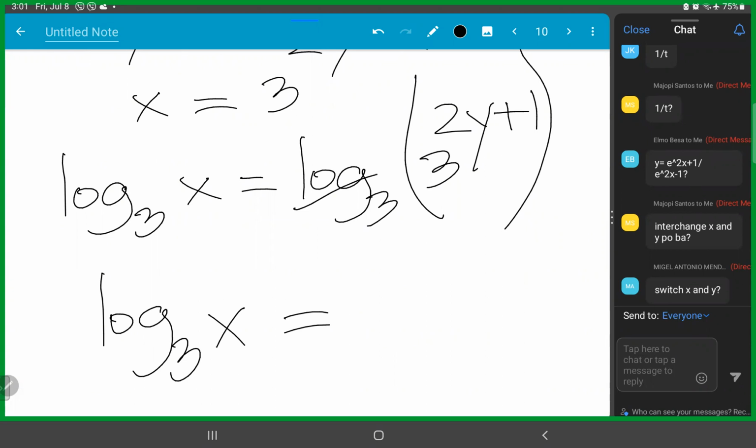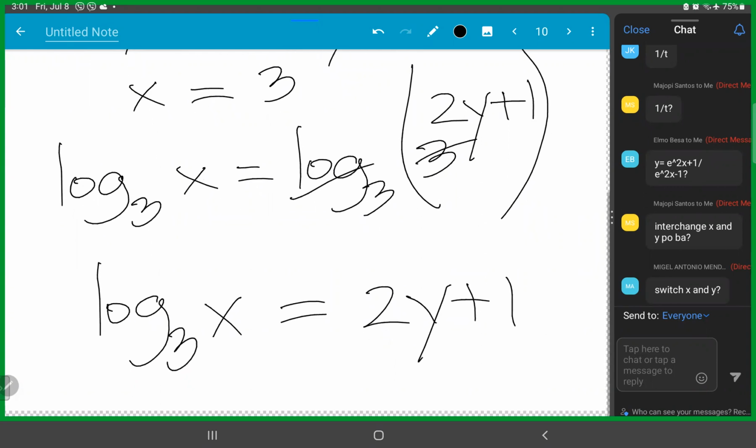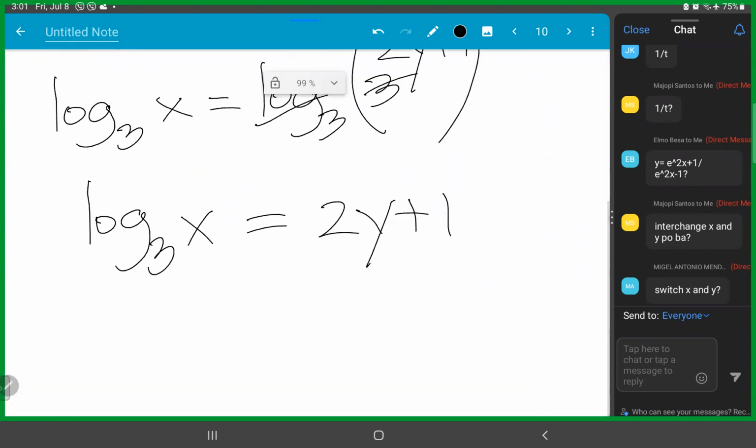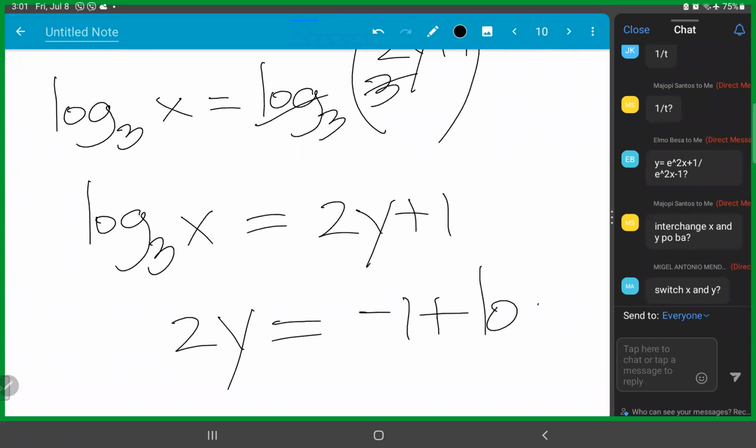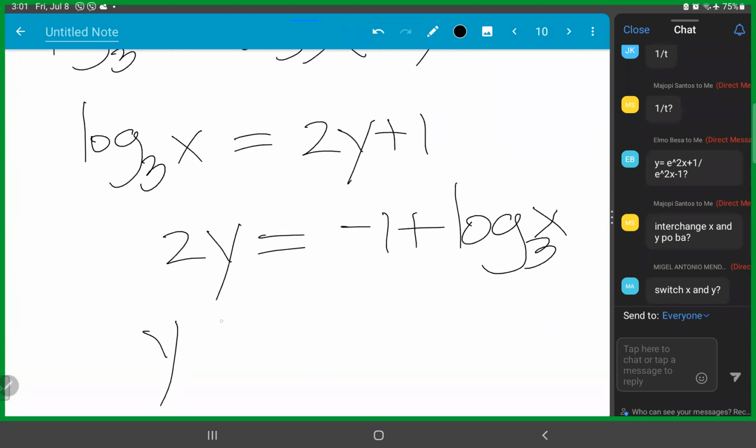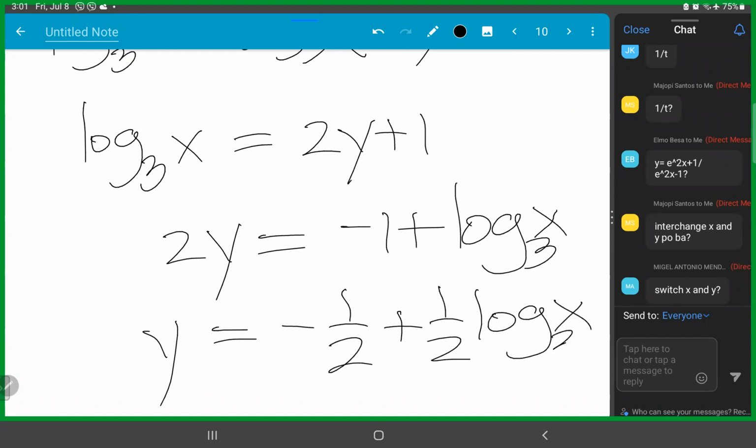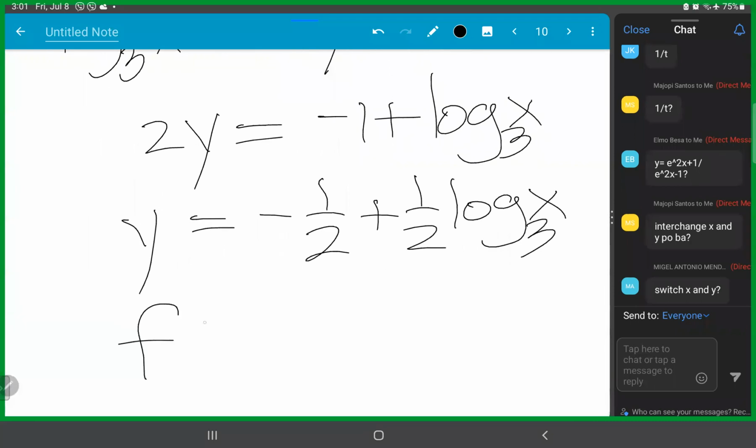Cancel, nagka-cancel ang base 3 logarithm tsaka exponential base 3. Okay, nasundan yon. Then yun na, masosolve mo na yung y. Then call this f inverse.